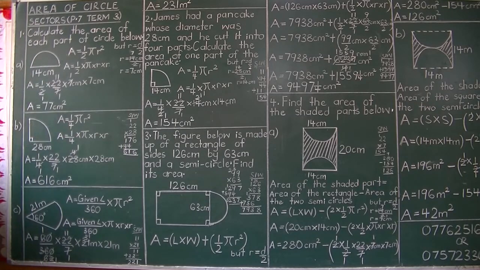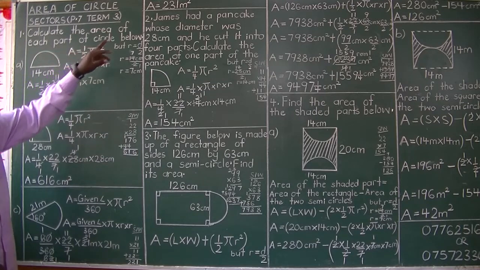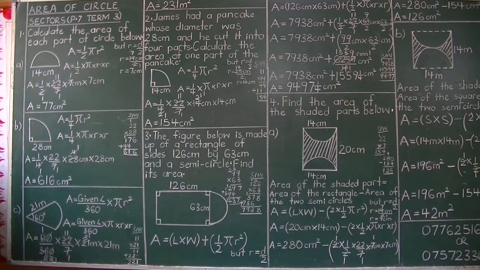Example number 1 reads: calculate the area of each part of the circle below. So I've got these 3 examples. 1 is a semicircle, 2 a quadrant, and the one that remains is named as the circle sector. Now we start.